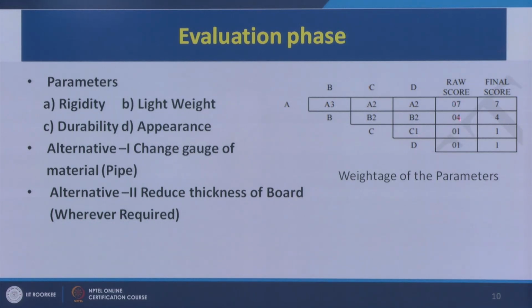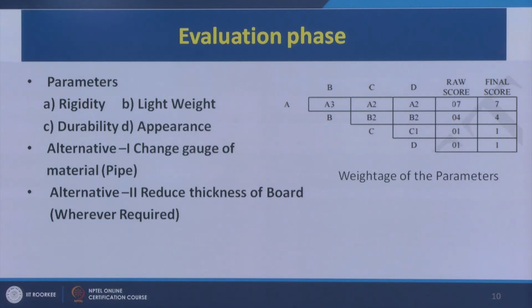So this is the weightage given to the various factors. A has been given 7, which means rigidity gets the final score of 7, the highest weightage factor. The minimum weightage factor is D, the appearance.